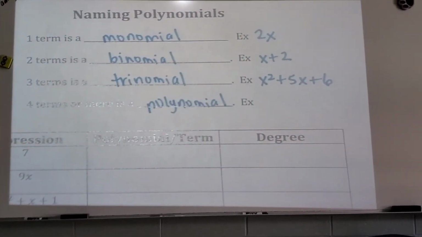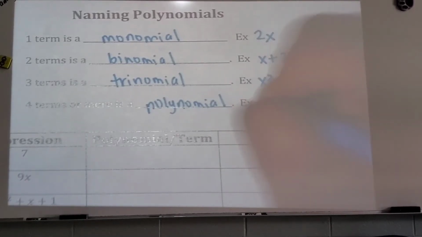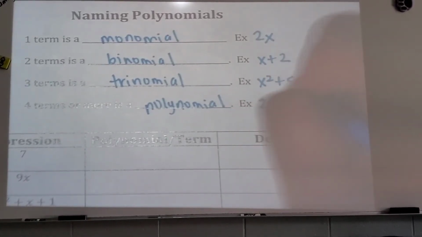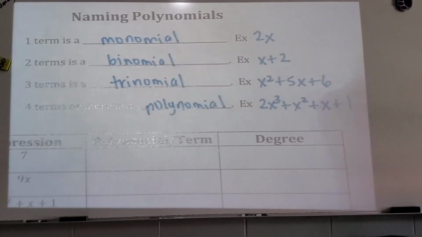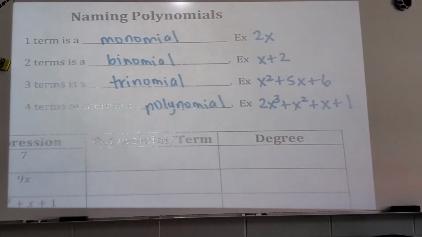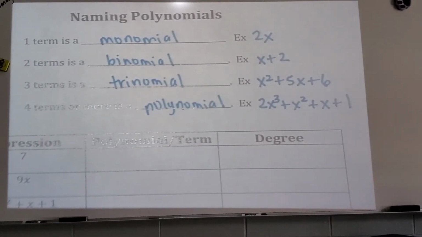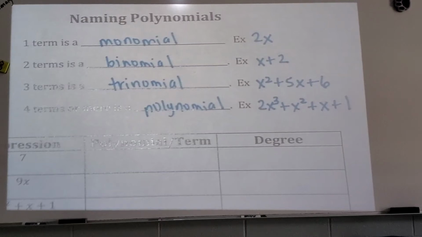An example of a polynomial is 2x to the third plus x squared plus x plus 1. So these will be your 4 categories to classify your polynomials.